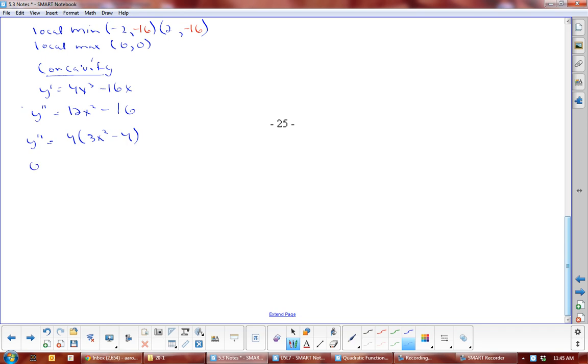Okay, so when I want to make this equal 0, I'm going to want this to equal 0. So when does 3x squared minus 4 equal 0? 3x squared equals 4. Divide by 3. X squared equals 4/3. And if I take the square root of both sides, I will get x equals plus or minus 2 over root 3.